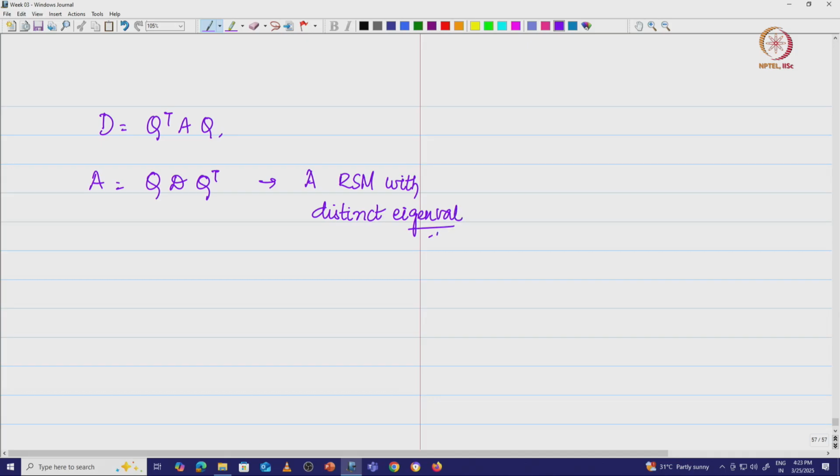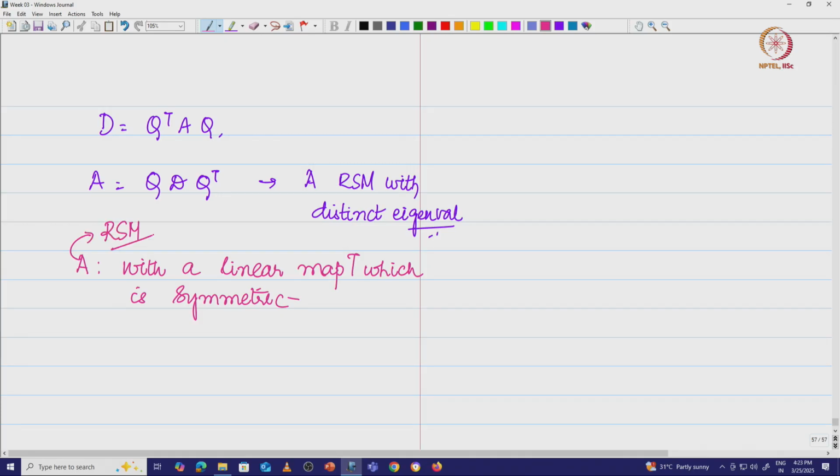I want to study this, suppose the matrix A is associated with a linear transformation or linear map T, which is symmetric. We always say A is a real symmetric matrix, so A is the matrix associated with the map T. Therefore, since A is real symmetric, T is also symmetric.